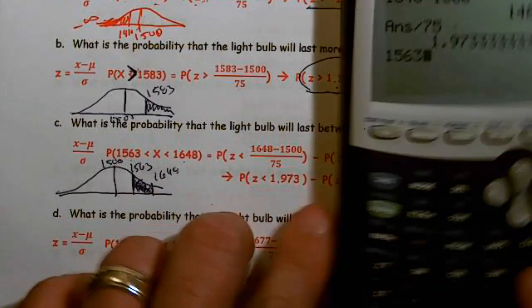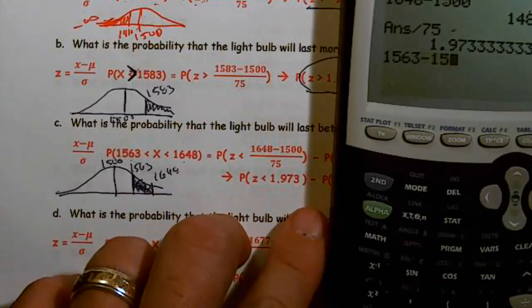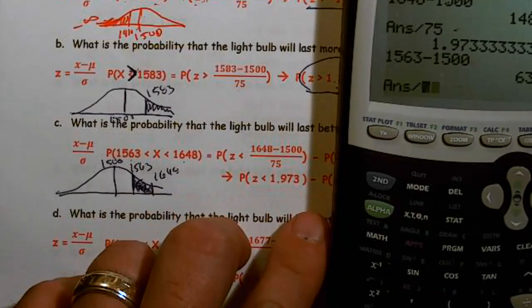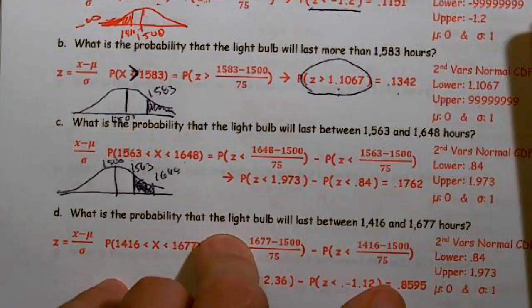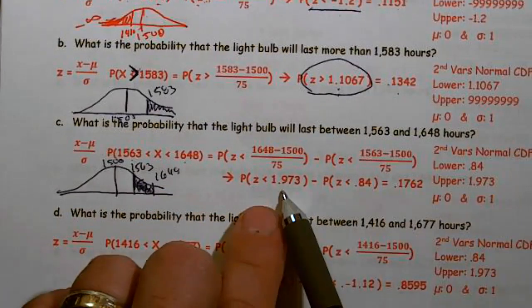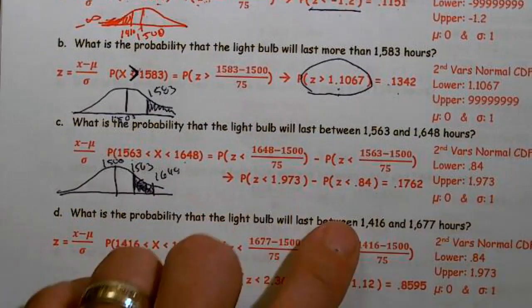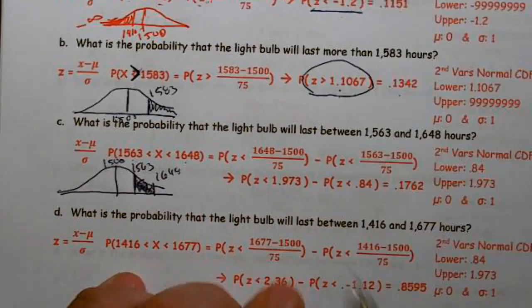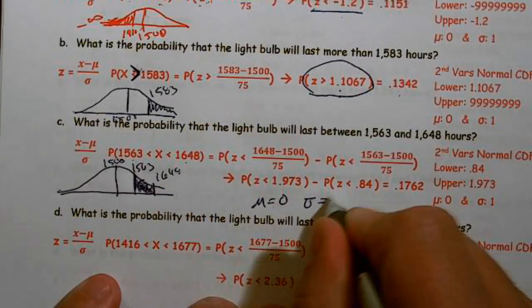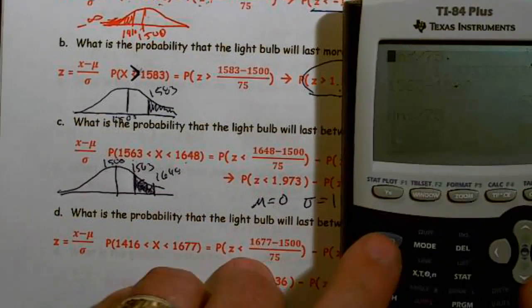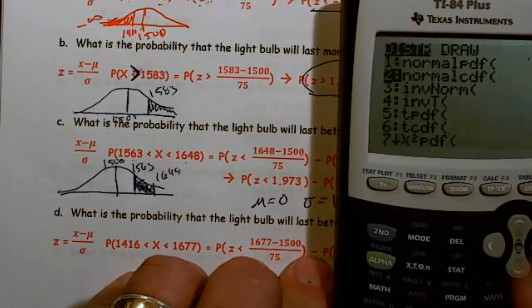Then I go do the lower one, 1,563 minus 1,500 divided by 75, and I get 0.84. So 1.973 and 0.84. These are z-scores, which means I have a mean equal to 0 and a standard deviation of 1. Second vars, normal CDF.